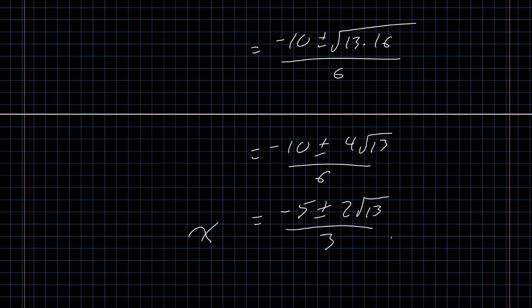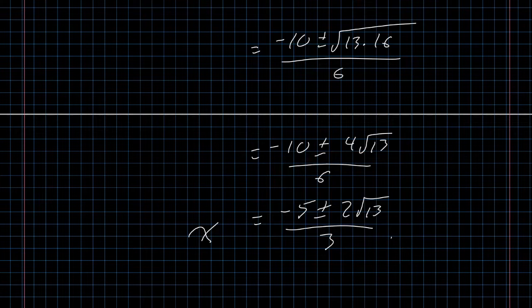Now, if I was going to keep using my calculator, I'd be very happy to just punch this into my calculator, get a decimal approximation, and I could use that from there, right? Square root of 13 is somewhere between square root of 9 and square root of 16. So somewhere between 3 and 4. So we're looking at, let's see, negative 5 minus 2 times 3 is negative 11.